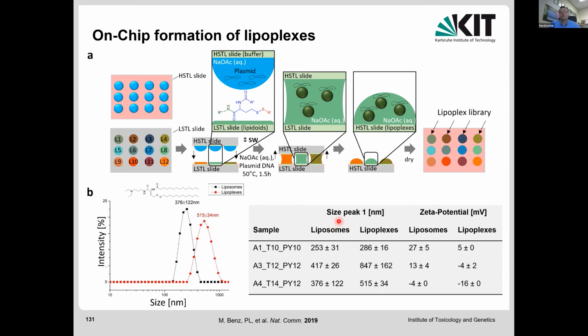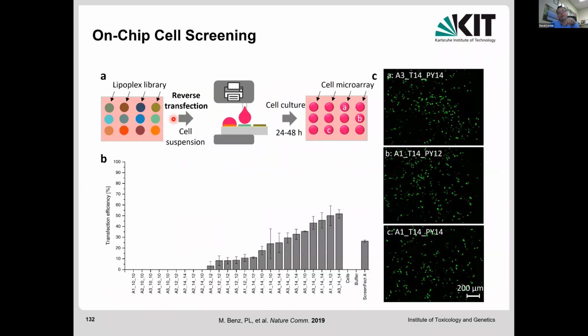And in the next step, we can take this library of lipoplexes and print cells using a liquid dispenser into each single droplet to start the cell transfection experiment. We used plasmid DNA that is encoding green fluorescent protein, which we use to analyze the efficiency of cell transfection.